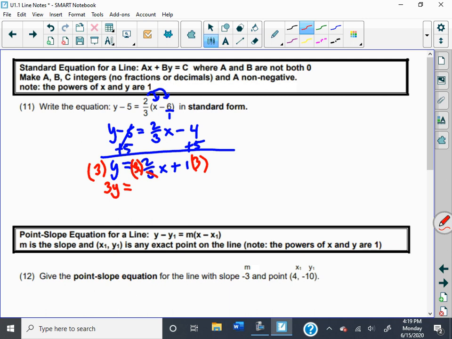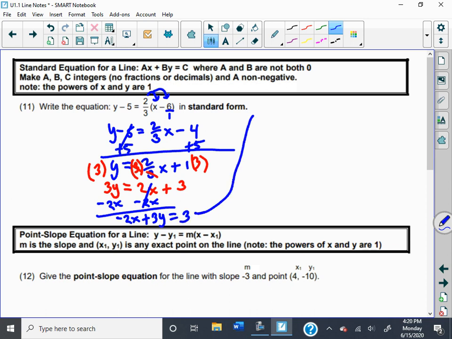The 3's cancel diagonally, and that gives me 2x, plus 1 times 3 is 3. All I have to do is subtract the 2x, because I've got to get the x's and the y's on the same side. So now I have negative 2x plus 3y equals 3.